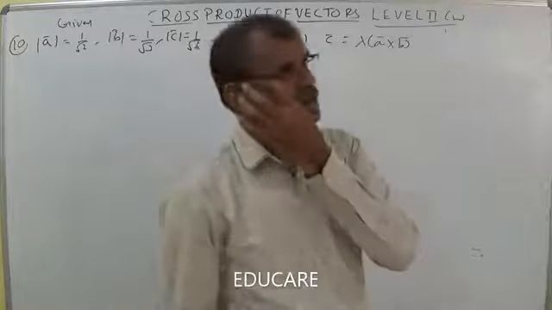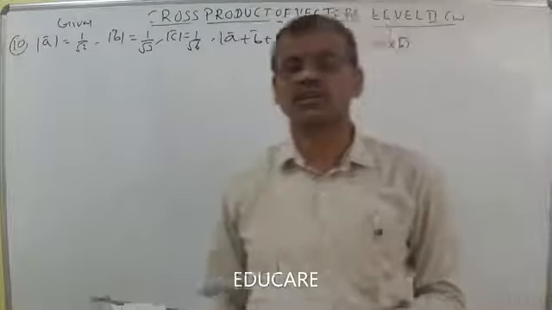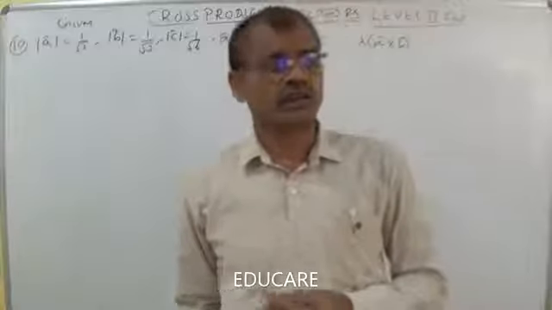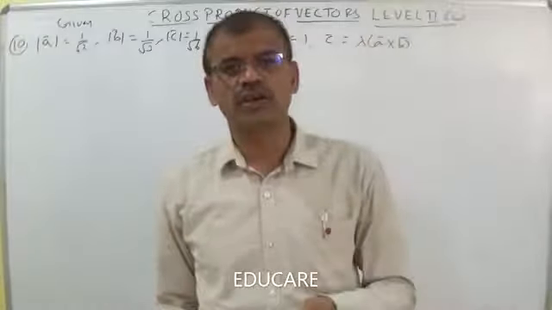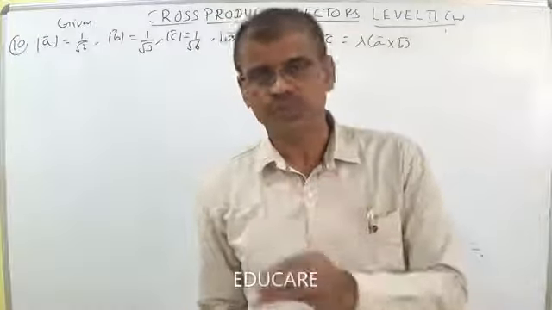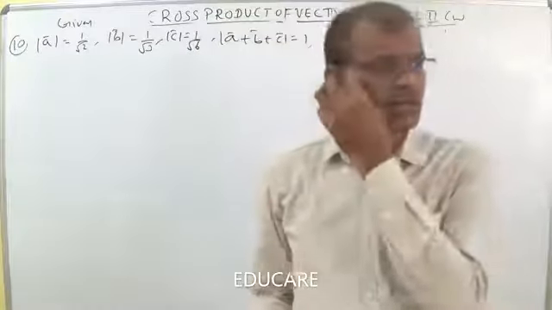We can try to understand that I cross J is equal to K, J cross K is equal to I, and K cross I is equal to J. Then we conclude that I, J are perpendicular to K, J, K are perpendicular to I, and K, I are perpendicular to J. So X, Y, Z are mutually perpendicular.